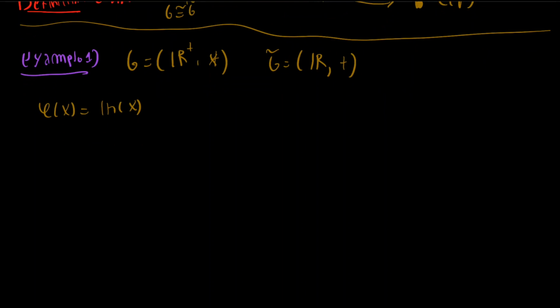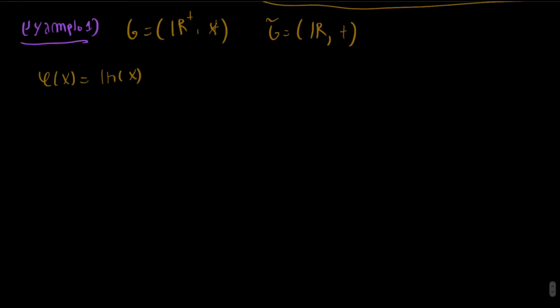Let's actually prove it. The first thing which we want to prove is that the natural logarithm is a bijection. Meaning that the natural logarithm function from the positive real numbers to the real numbers is both surjective and one-to-one. We're going to first check surjectivity.